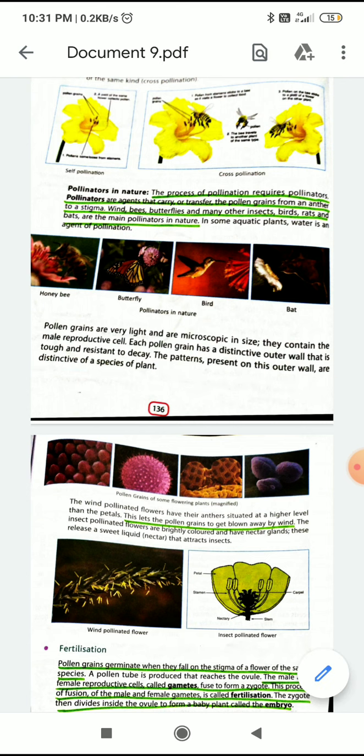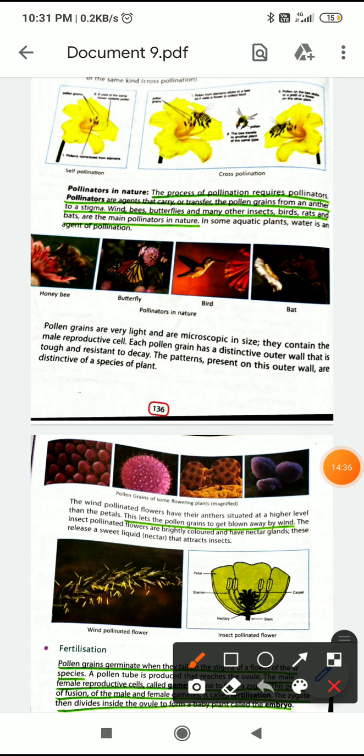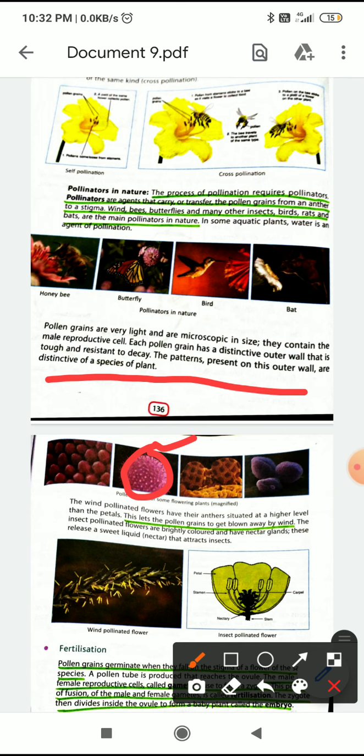As I told you, the pollen of different plants is different. Their outermost layer is very tough, and in this picture it is showing spiny, and this is containing the reproductive cell, and this is the male reproductive cell.